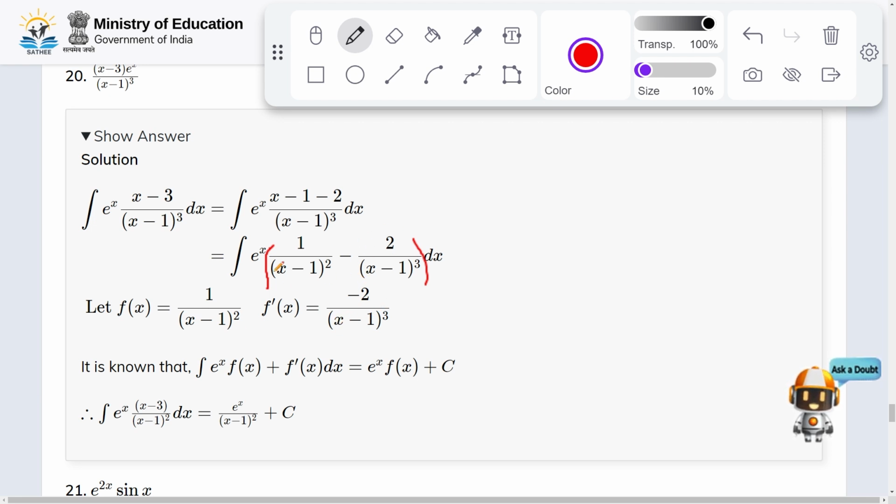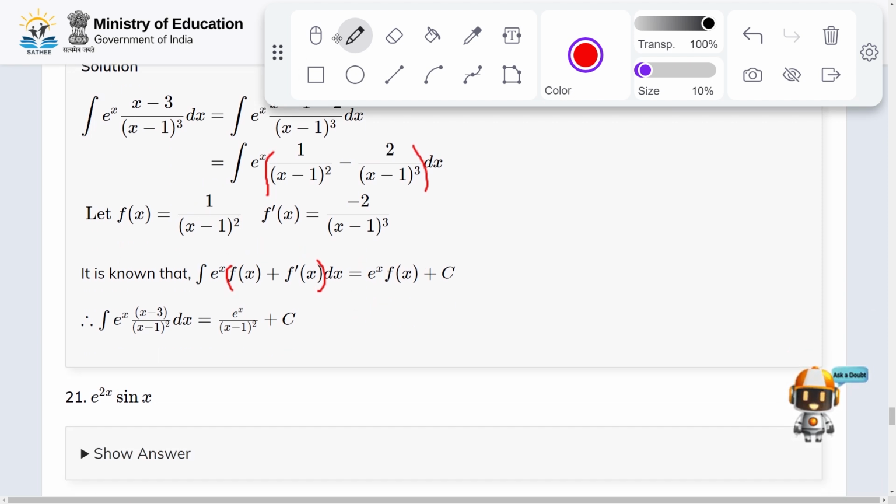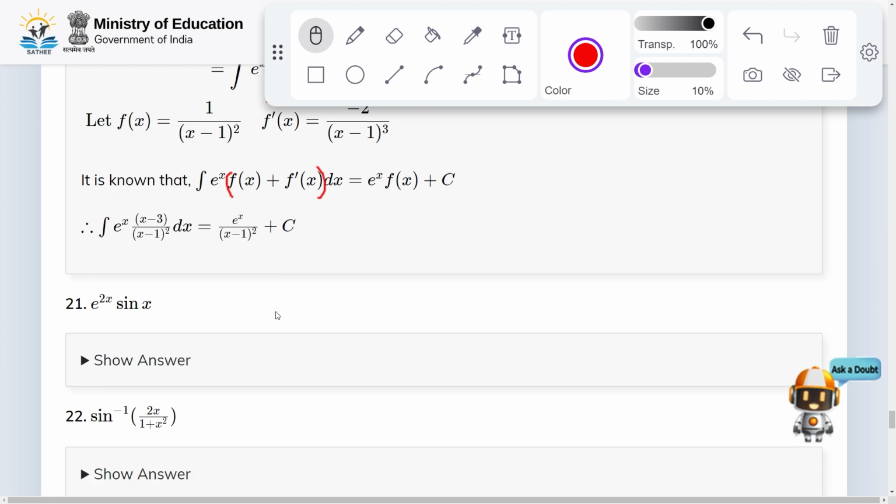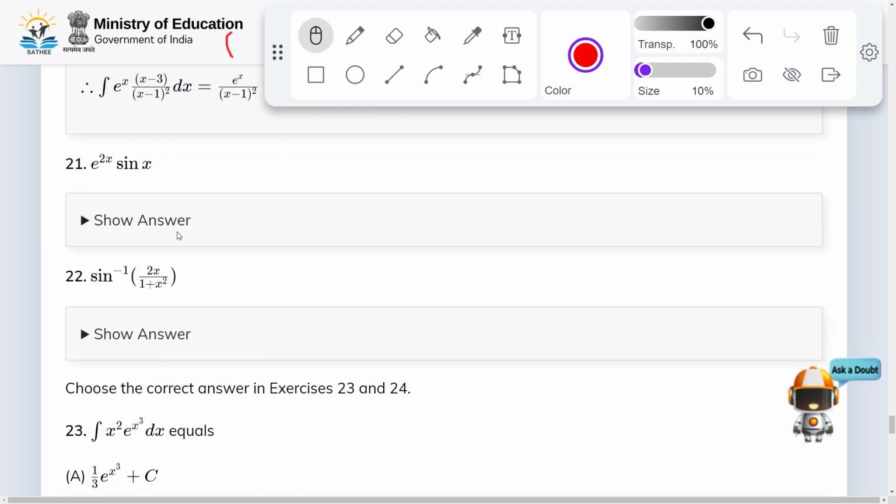So this follows this form, and the answer for such a form will be e^x multiplied with f(x) plus some constant. f(x) is this, so e^x divided by (x - 1)² plus some constant will be your final answer.